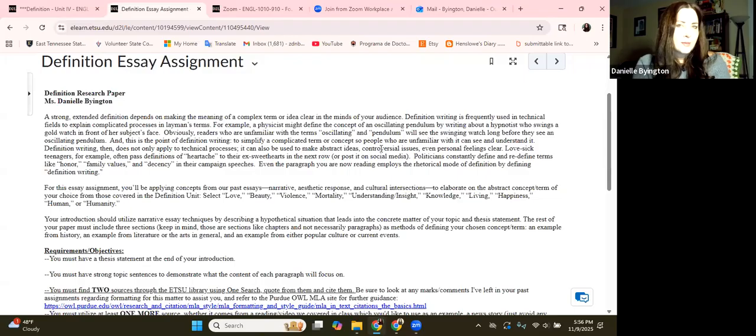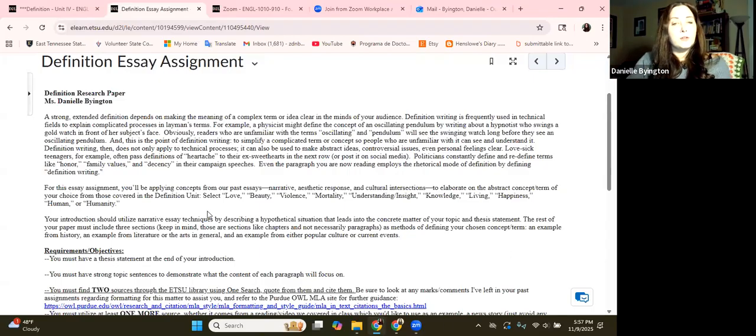In this case, I think it's acceptable, but you're not going to be able to write a 1,500 to 1,700 word paper with just doing that. Please don't, because that's not you exercising your analytical skills about defining an abstract concept.